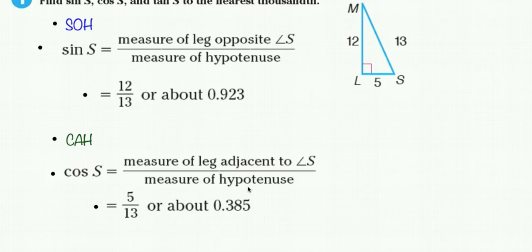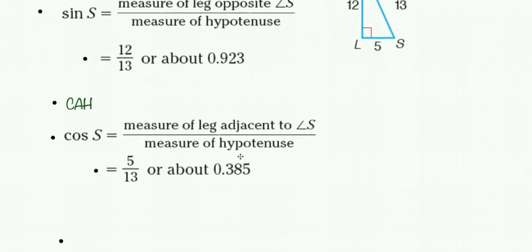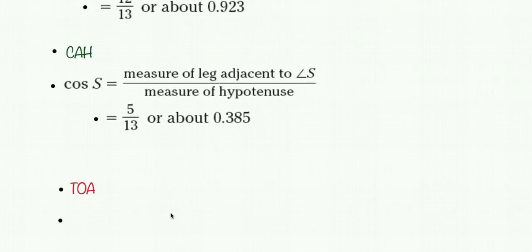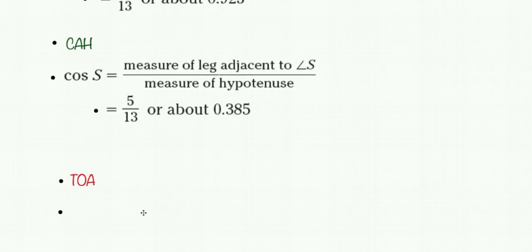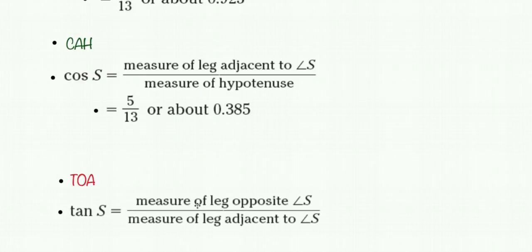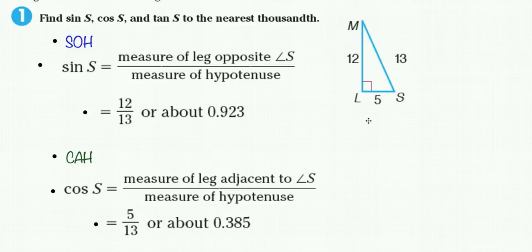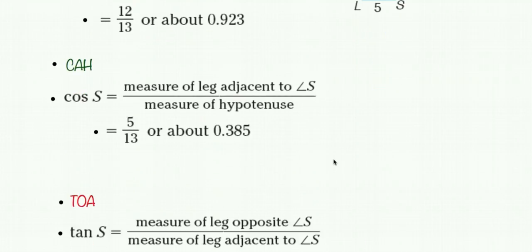And finally, let's take a look at the tangent ratio, tangent S. We know that tangent is TOA, which is opposite over adjacent. So measure of the leg opposite angle S to the measure of the leg adjacent to angle S, which is opposite 12 over adjacent, which is 5.